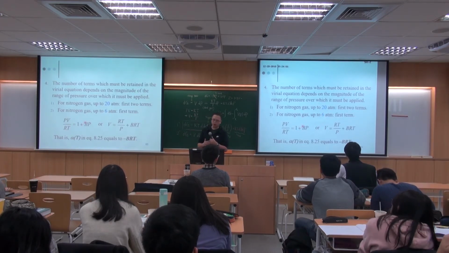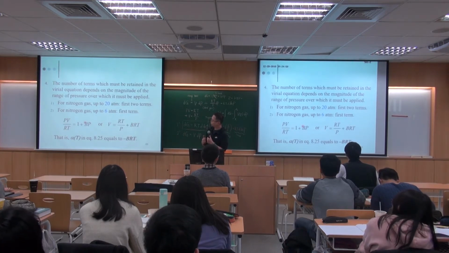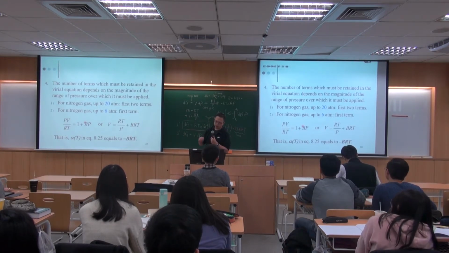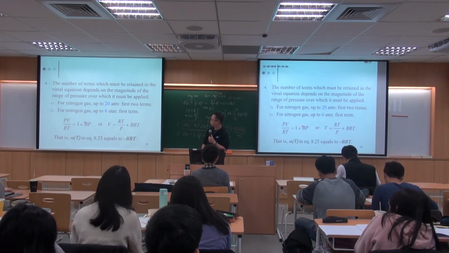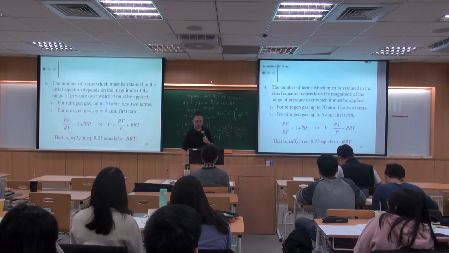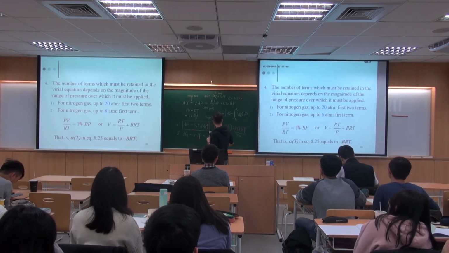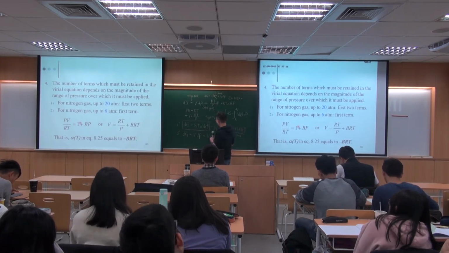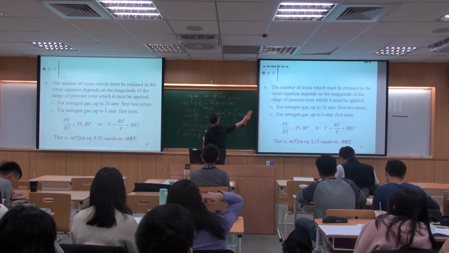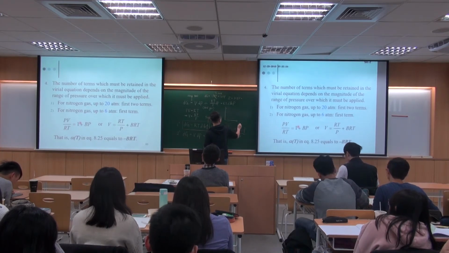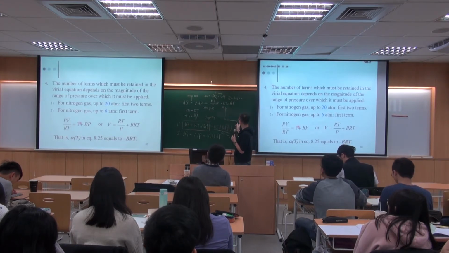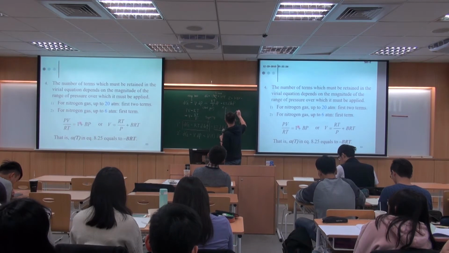Okay, so for low pressure, the first linear term is already good enough to mimic the real gas behavior. If you still remember from last time, we've seen this kind of plot. If you plot Z as a function of pressure, it's typically something like this.